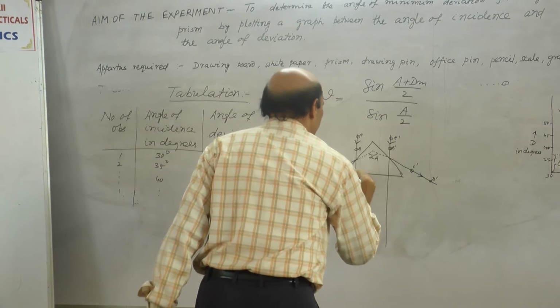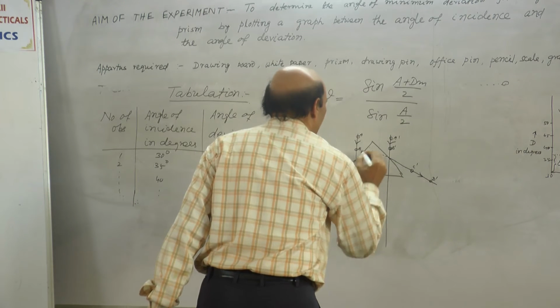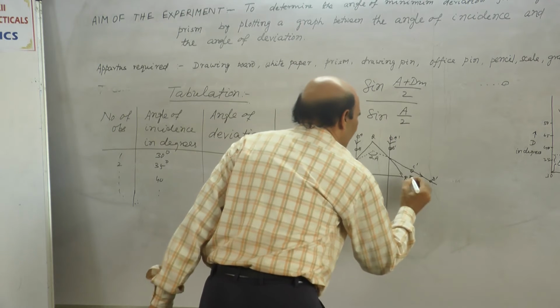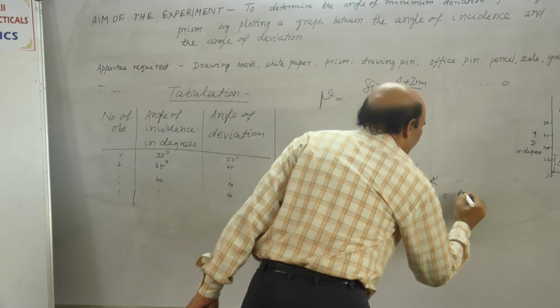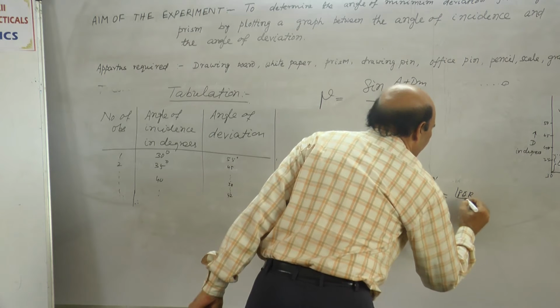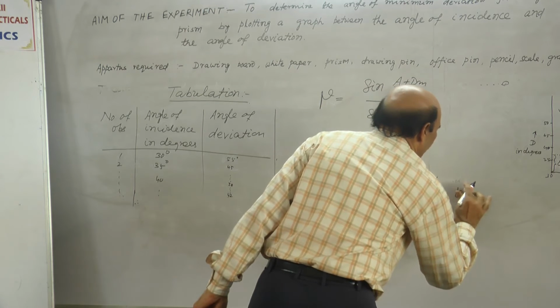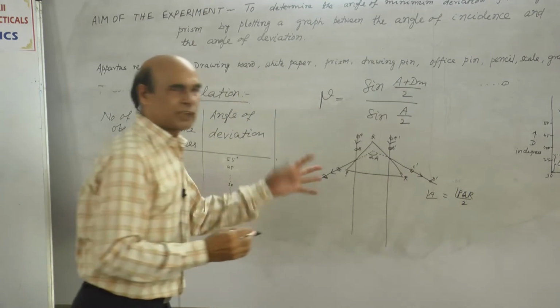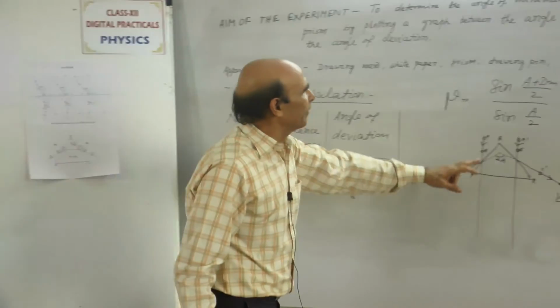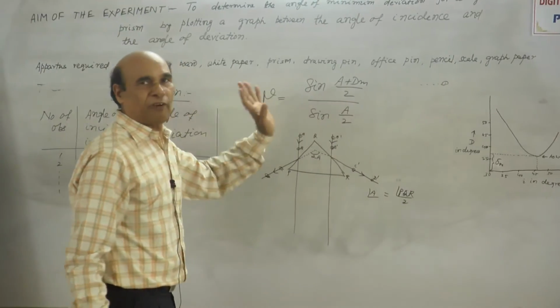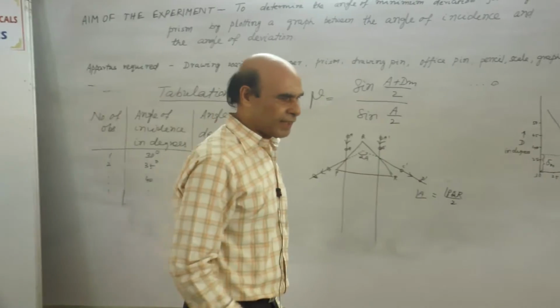Suppose this is PQR, then angle A will be equal to angle PQR by 2. So in this way, you can find the angle of the prism. Putting this value of the angle of the prism here, you can find the refractive index of the given prism.